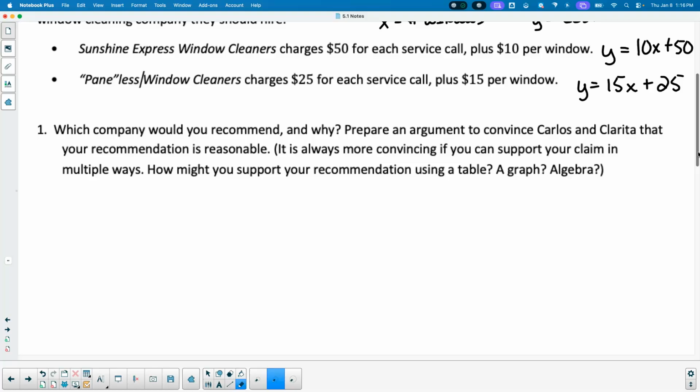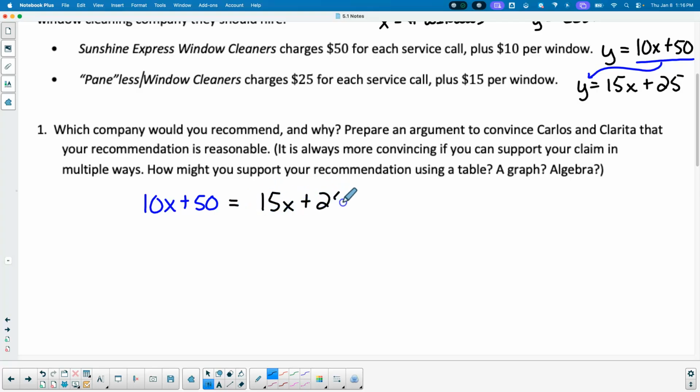So we could substitute in this one in place of y right there. And so we could get here 10x plus 50 is equal to 15x plus 25. I want to solve that for x.